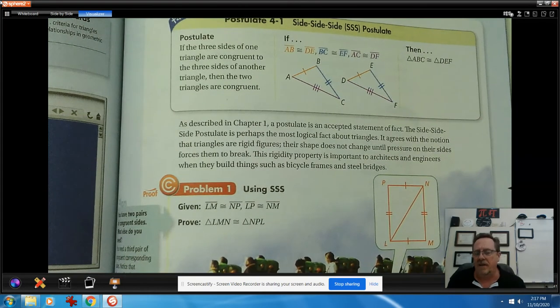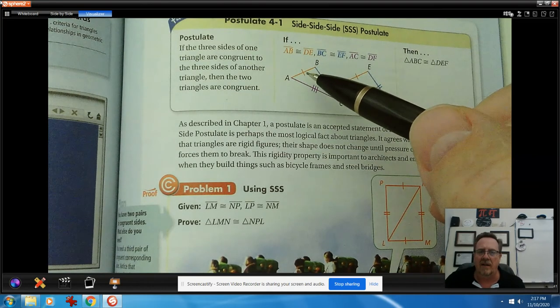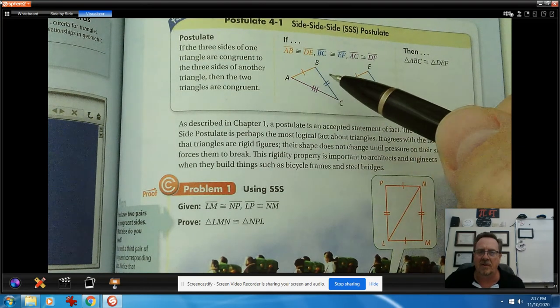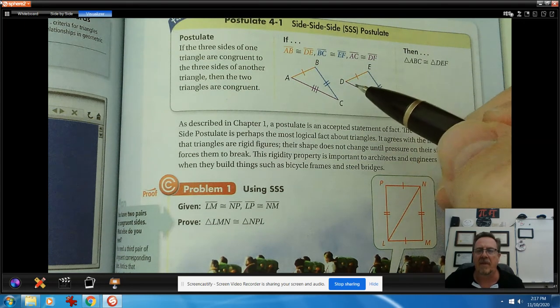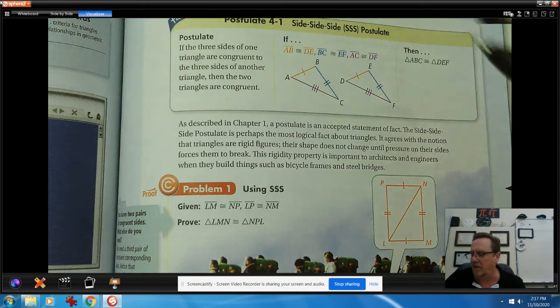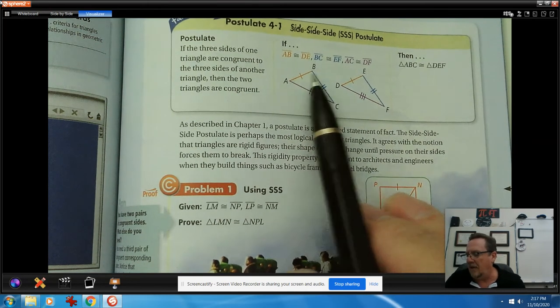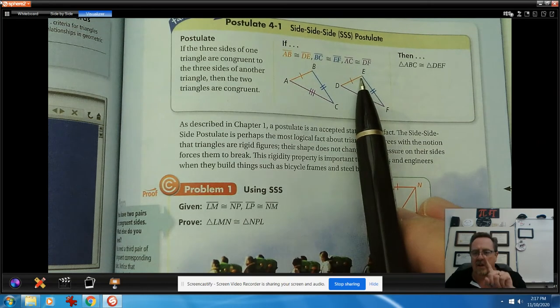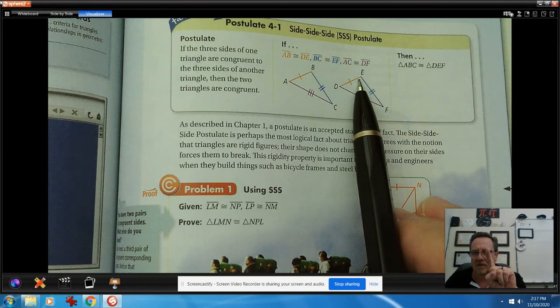The side, side, side postulate says if we can show that the 3 sides in one triangle are congruent to all 3 sides of the other, then we can say the triangles are congruent. Notice that AB is congruent to DE. That's side, and we count that as 1: one side of one triangle congruent to one side of the other.